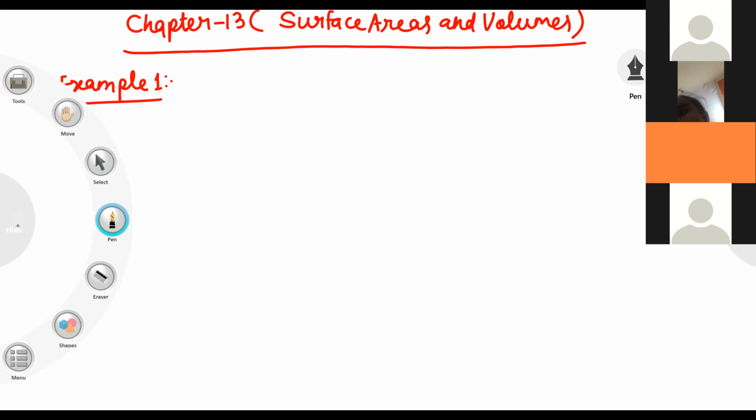Note down. A right triangle with sides 6 centimeter, 8 centimeter and 10 centimeter.